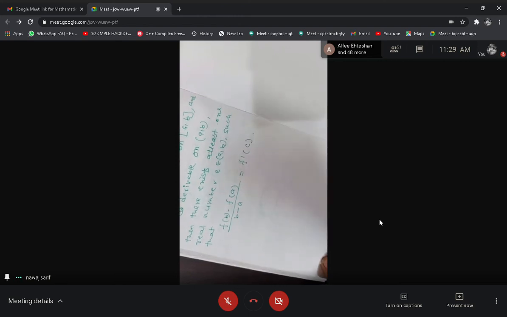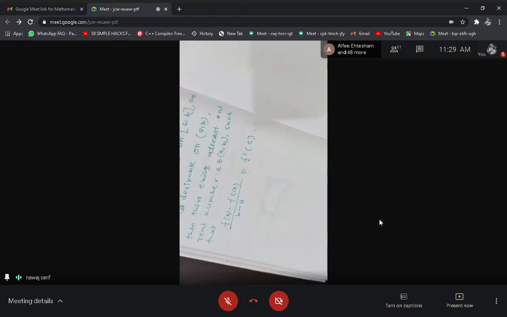F dash C. Is there any relation between Lagrange's mean value theorem and Rolle's theorem?